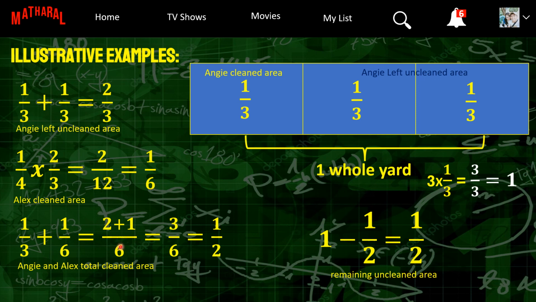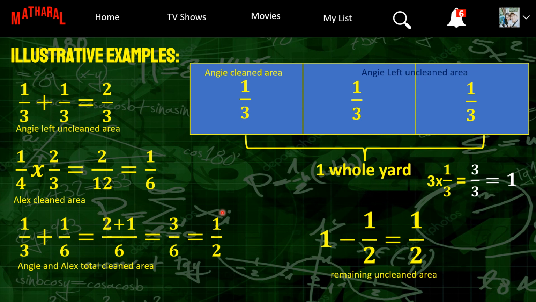Okay, so the LCD of these two fractions is 6, so that is why when you process it, it is equal to 2 plus 1 over 6, which is equal to 3 over 6. And when you simplify this 3 over 6, that is equal to 1/2. Okay, sa pagpo-process at pag-simplify po ng fractions, it is equal to 1/2. Okay, dito po maliwanag na ang nalinis ni Angie at ni Alex ay 1/2 or kalahati ng yard. Opo, kalahati po ng yard.